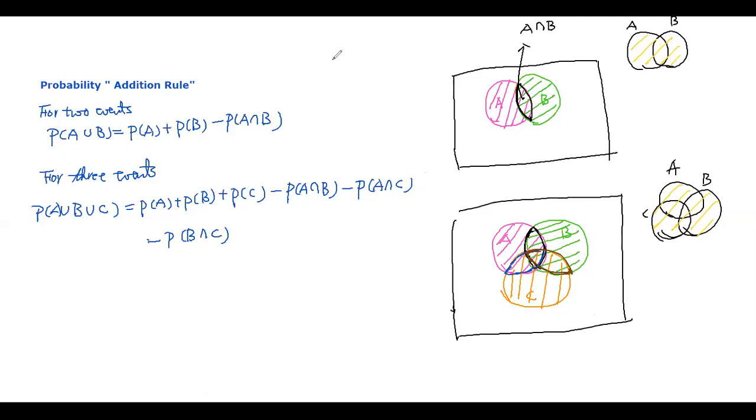Inside this little area, which is A intersect B intersect C, you minus one extra time, you minus too much. So I need to add it back. That is the formula.